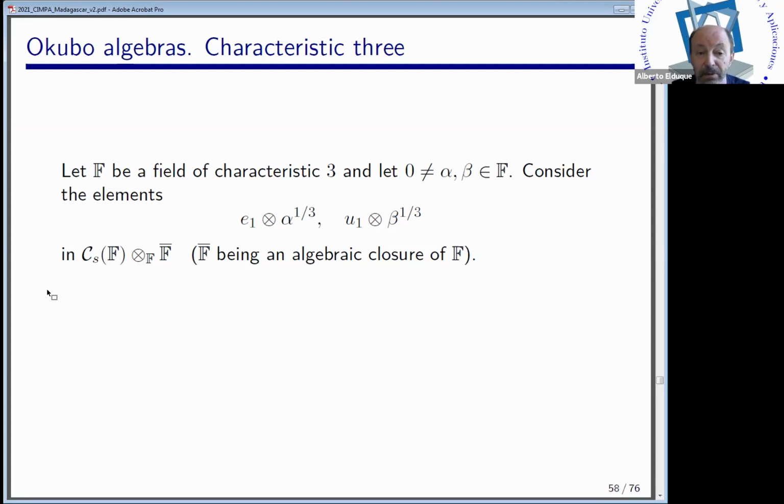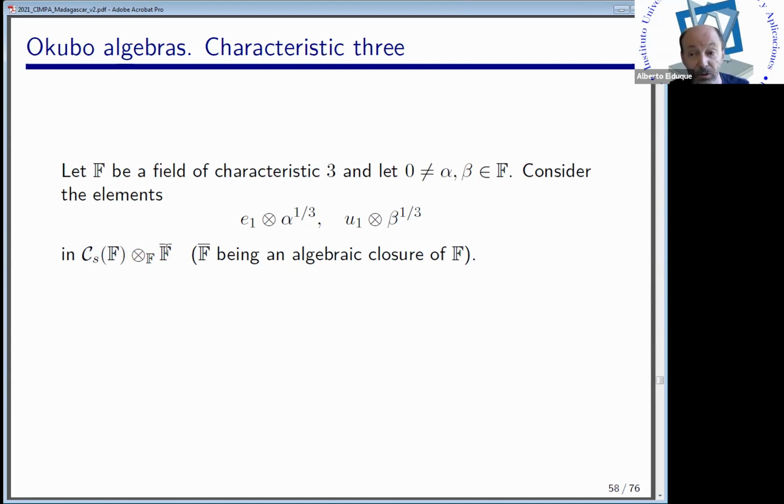However, starting with the split Okubo algebra over a field of characteristic 3 and taking the algebraic closure, well, the split Okubo algebra is defined on the vector space, which is the same vector space as the split Cayley algebra. So just extend scalars to the algebraic closure. Take any two different elements in the field. And in this tensor product, consider the elements E1, the first orthogonal idempotent of the Cayley algebra, tensor with the cubic root of alpha, and then take U1 tensor with the cubic root of beta in F bar.